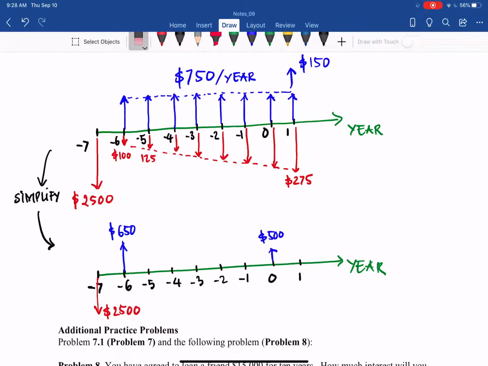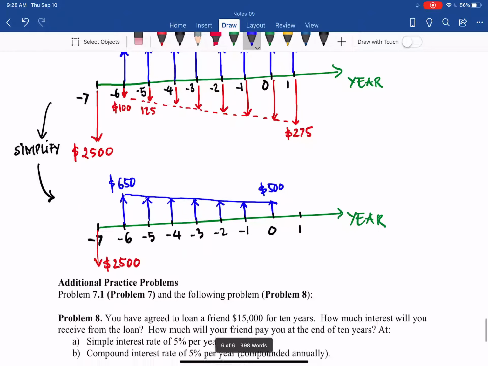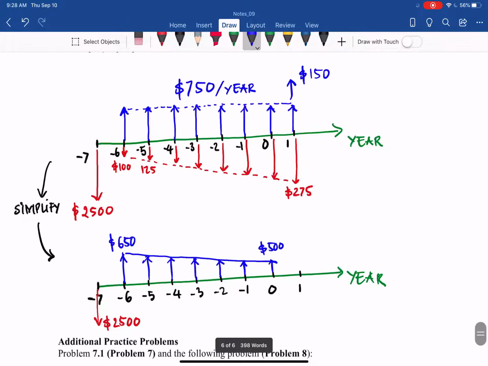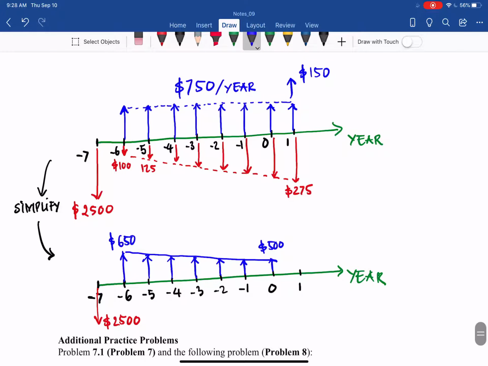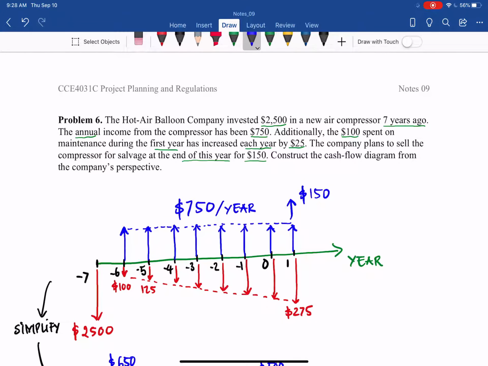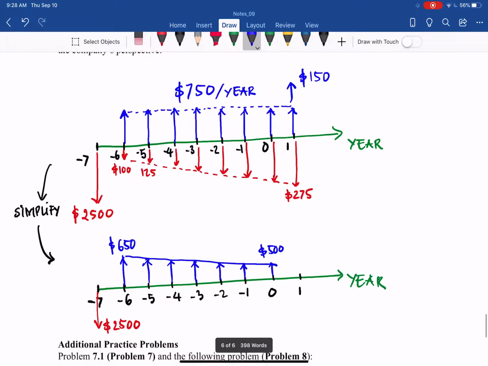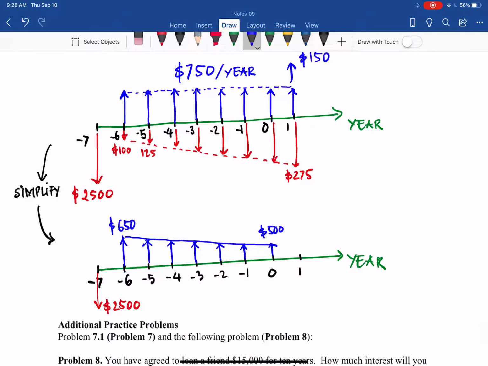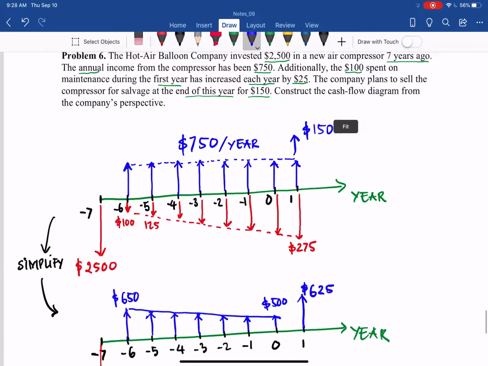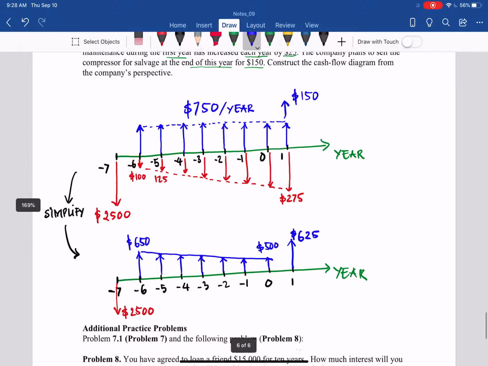So the net income amount goes down, because we have to spend more on maintenance every year. And the last one will be 150 for the salvage value plus 750 minus 275. So the amount goes up here to 625, because that one includes the salvage value of 150. So that is how you simplify the cash flow. Either should be good.